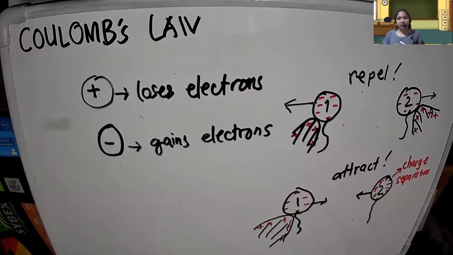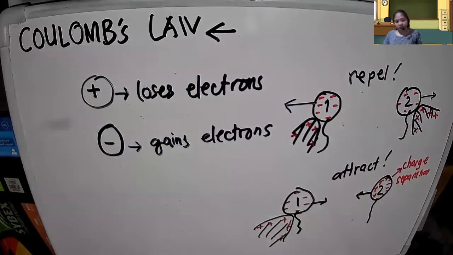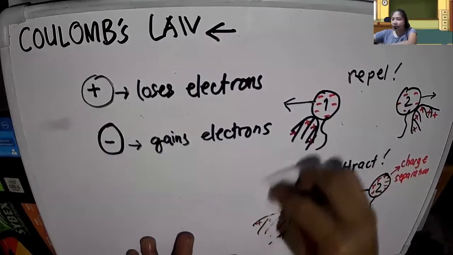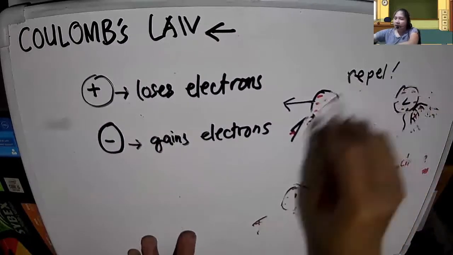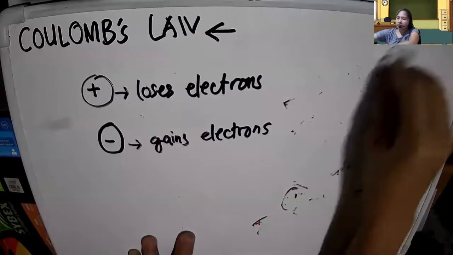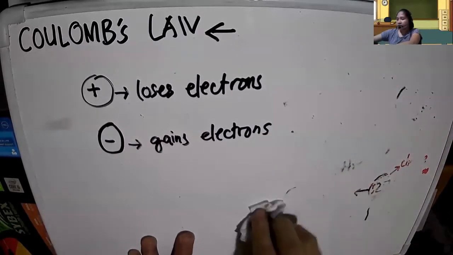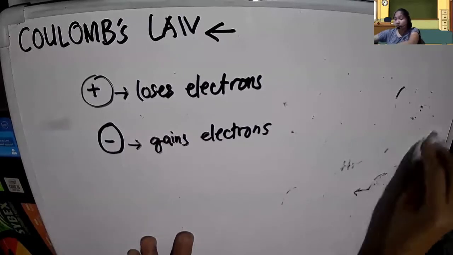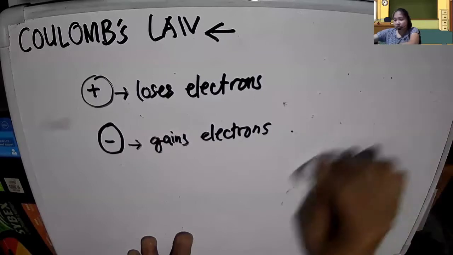Not until the 18th century was Coulomb's law discovered, or proposed. So who proposed Coulomb's law, and what are the factors that can affect the forces of attraction and the forces of repulsion between these two electrically charged objects?